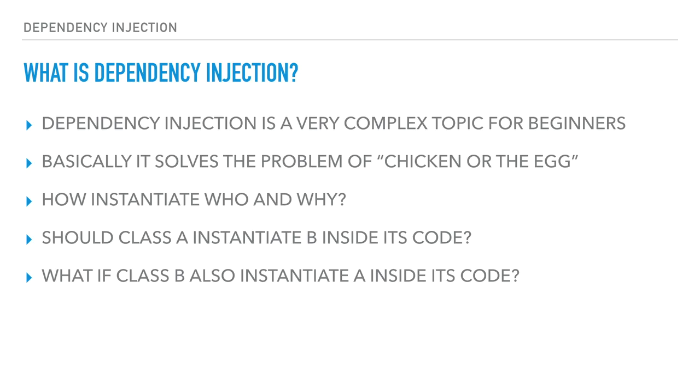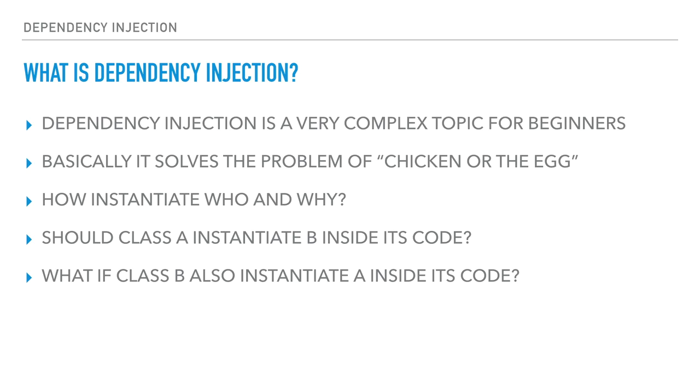And this is inside the code of class A, right? But what happens if our class B also needs an instance of the class A? So we also have new class A in the code of our class B. So this brings the problem of the chicken or the egg. Who instantiates who and when, and how do we handle this, right?